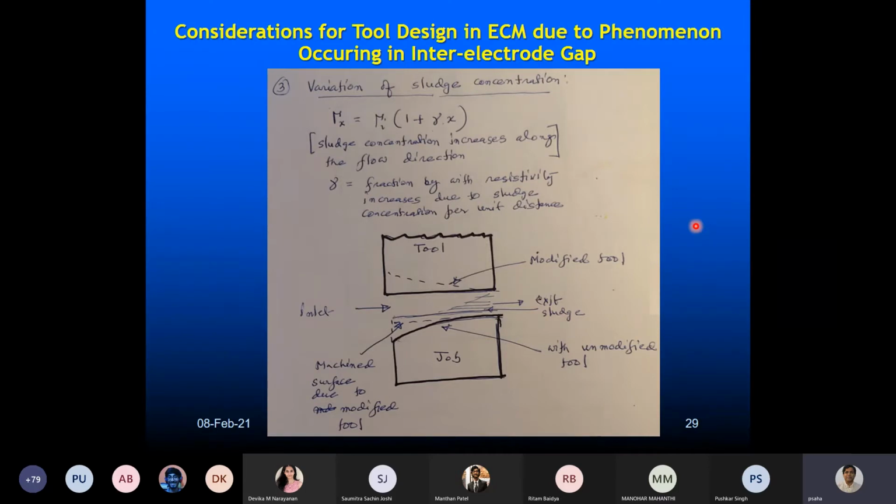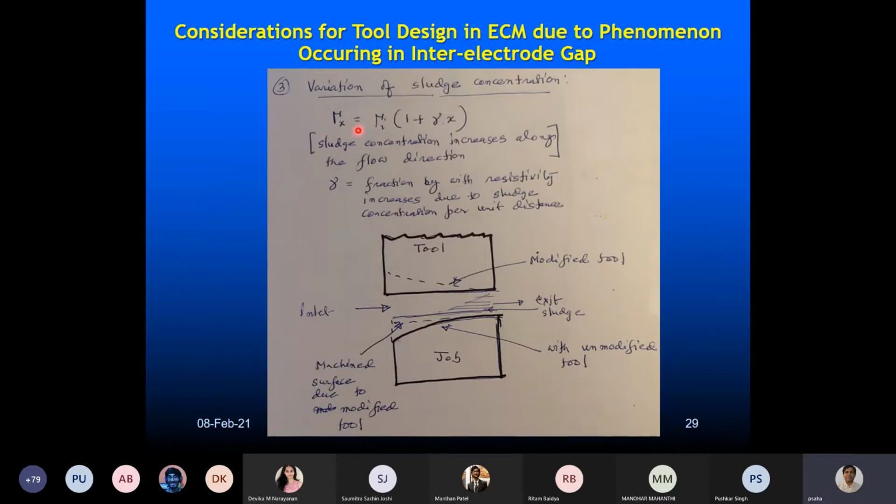Now look friends, at the inlet and outlet, the same electrolyte will take some finite time to pass from here to here. By the time some reaction will happen, so the concentration of the reaction products from the left and right across the gap is not uniform. On the right hand side there will be more amount of sludge present, as a result of which the conductivity will change.